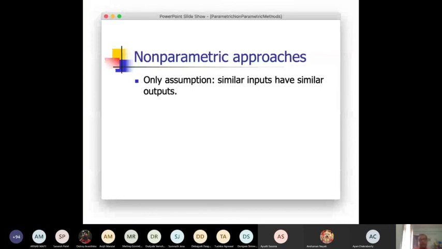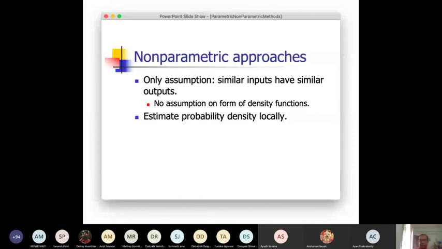As it is non-parametric, there is no assumption on the form of density functions. So we estimate the probability density locally. The probability density of the random variable, either the marginal or the likelihood given the class, we are trying to compute locally.